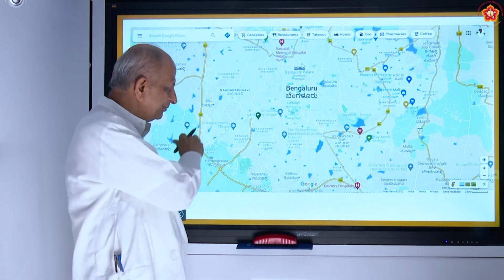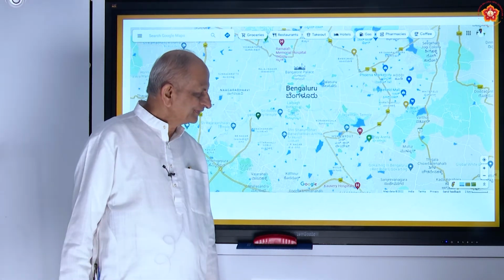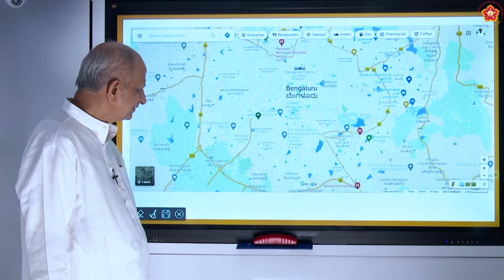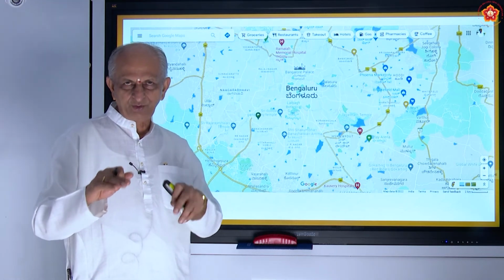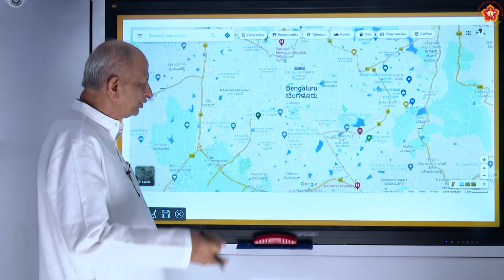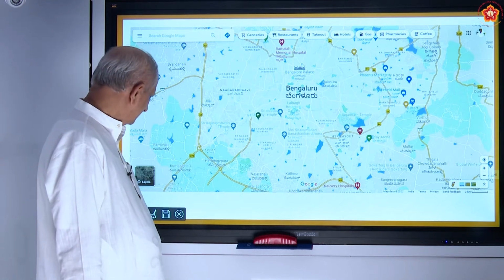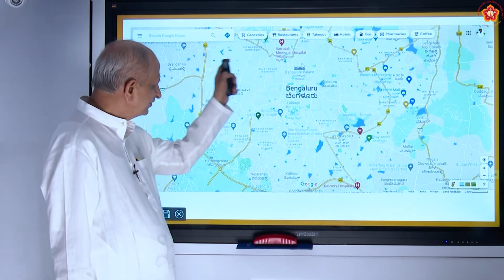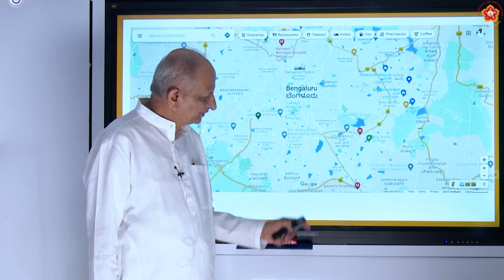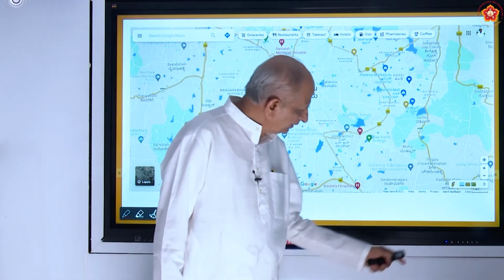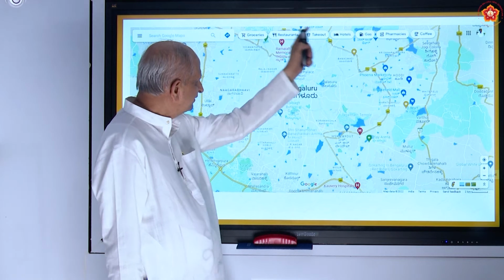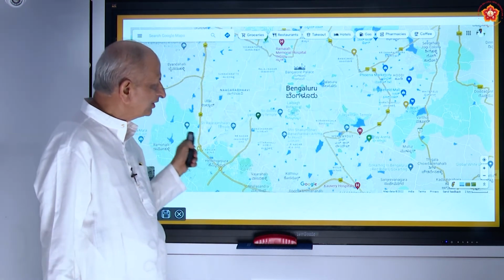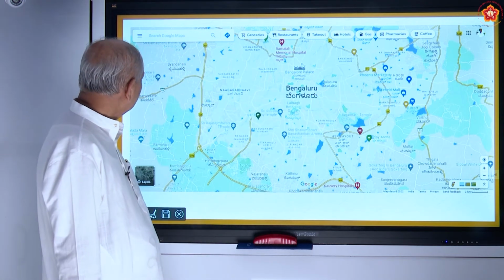If you just type the address of where you have to go, it will go on showing the direction. And this is as per a scale. There will be a scale here. With that scale only it works out. Otherwise, the whole Bangalore city cannot be shown in such a small space.